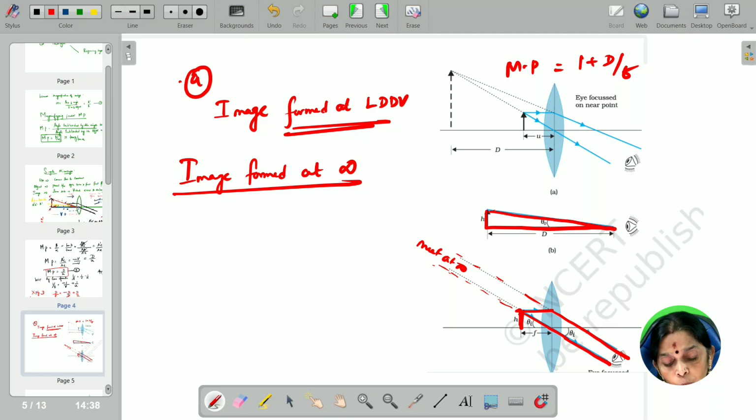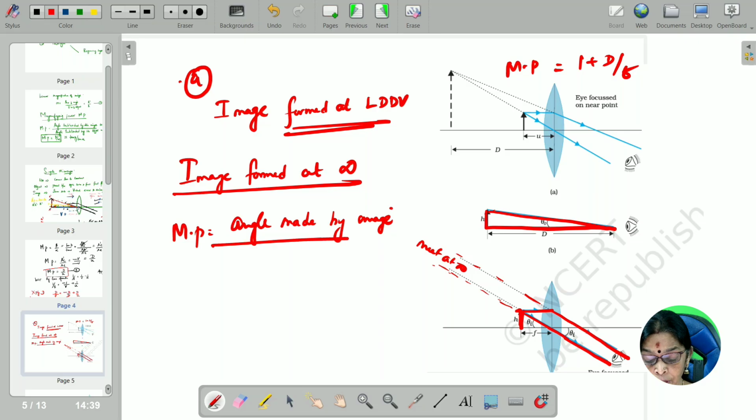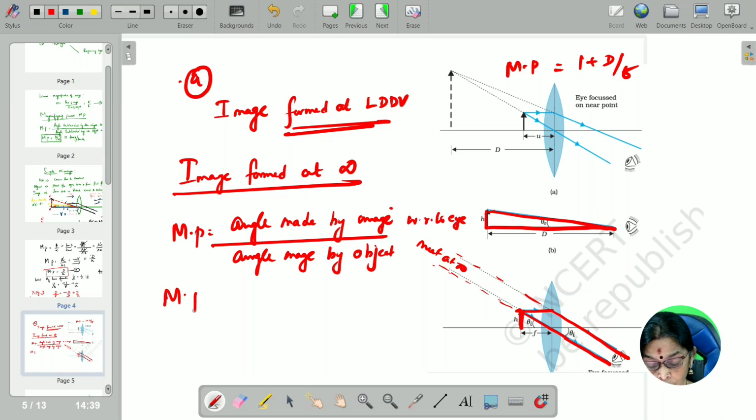Now let us find out theta I. Theta object, this is theta image. So the magnification power is equal to the angle made by the image divided by the angle made by the object. That is beta by alpha, and for small angles, tan beta by tan alpha.